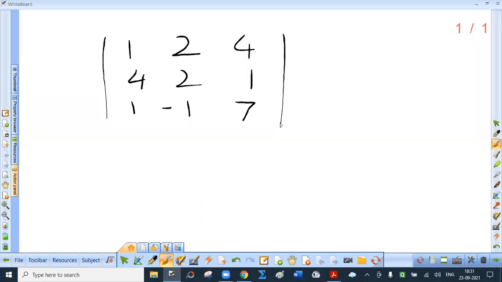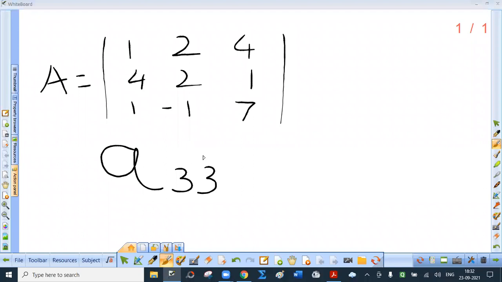Suppose this determinant A, how will you describe element 7? By showing finger? No, this element lies in third row and third column. So I denote this element by A33. Do not read this as A thirty-three. Read this as A three three. First denotes row number and second denotes column number. Okay. I repeat, do not read this as A thirty-three.